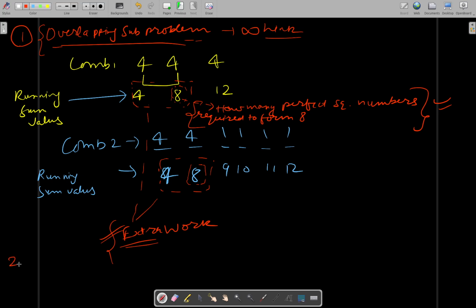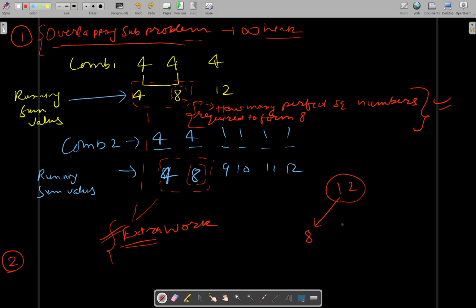Another property that this particular problem satisfies is, let's say you are required to know the minimum number of numbers which will add up to 12. Then you should know the answer for how many numbers add up to 8, if let's say you were selecting 4.